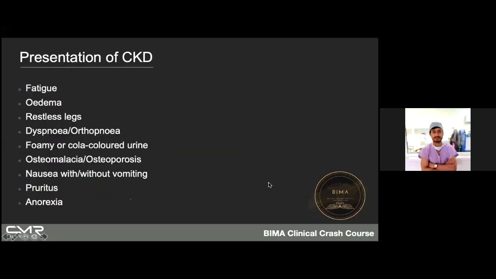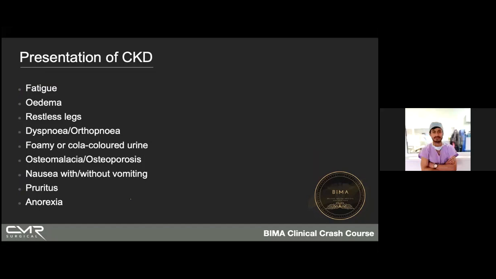These are the 5 stages. How can CKD present? So CKD can present with fatigue due to the anemia aspect, edema because of the overload and the overflow of lots of fluids, restless legs.